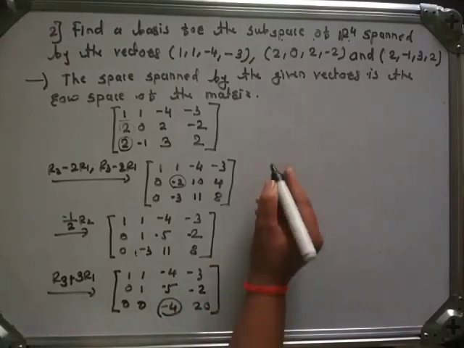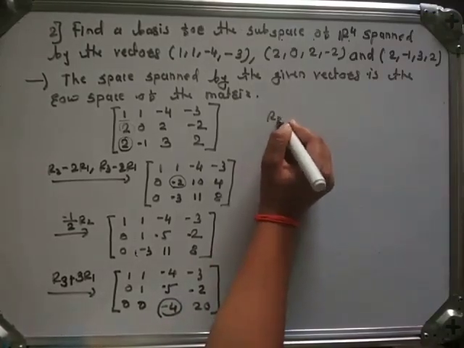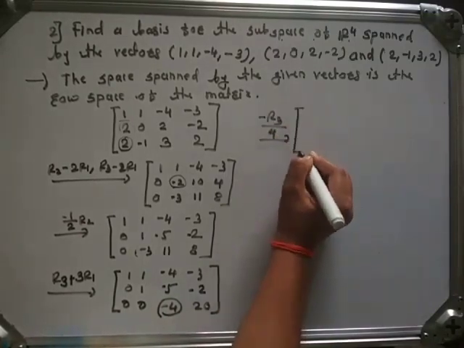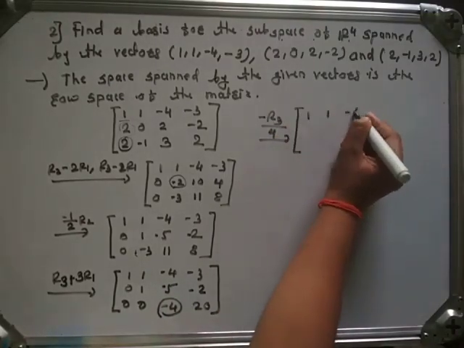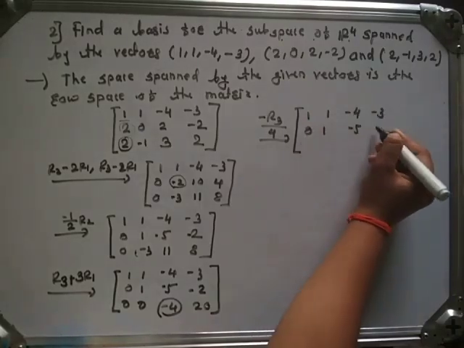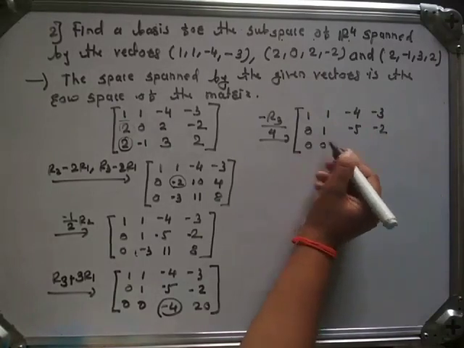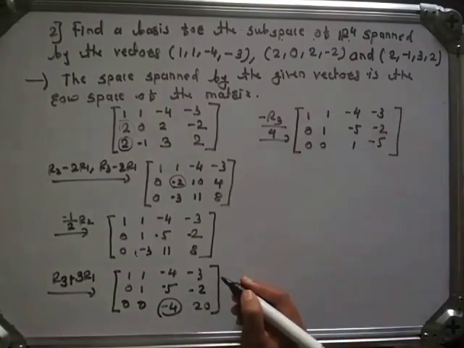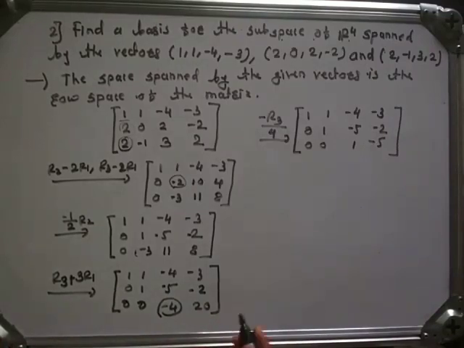Here we require 1, so we will perform the row operation minus R3 upon 4. So we will get a matrix 1, 1, minus 4, minus 3; 0, 1, minus 5, minus 2; 0, 0, 1, minus 5. Okay.